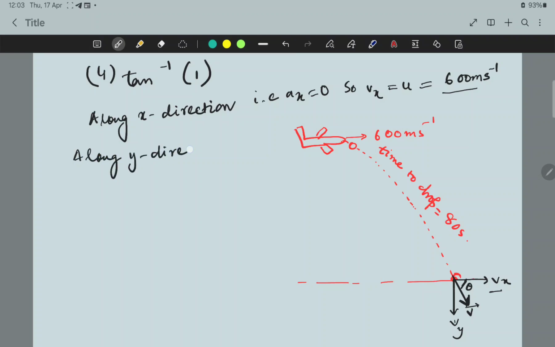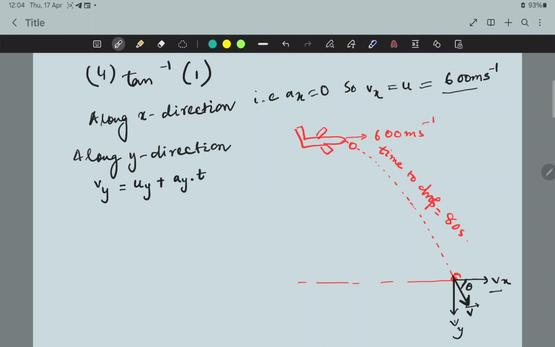We need to find the velocity, which is given by Vy, and Vy will be obtained by the equation Uy plus Ay into the time taken t.